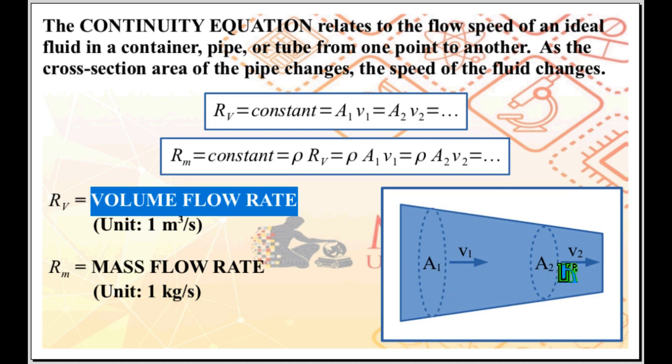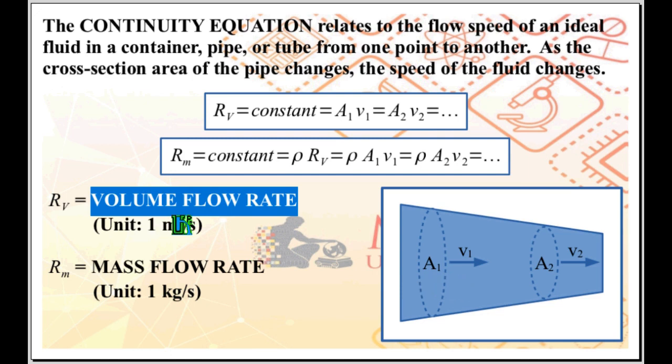At another location in the container, you have a cross-section area A2. Say the fluid is moving from left to right. At the location of area A1, you have so many cubic meters flowing through it per second.